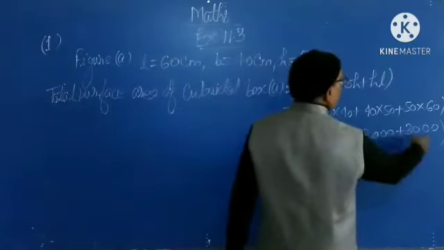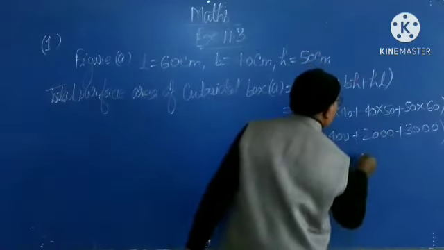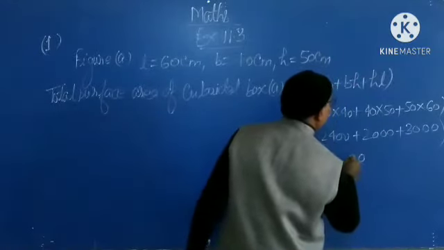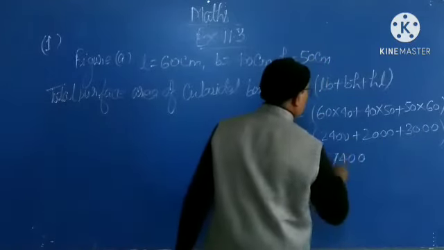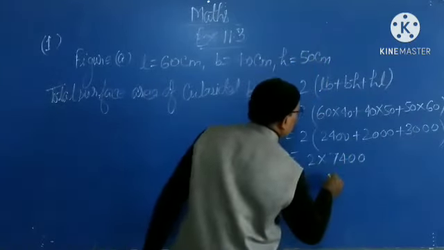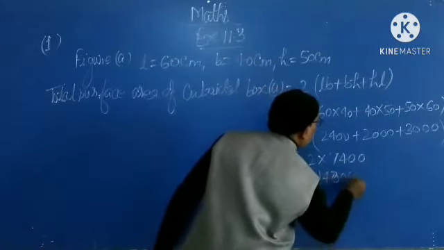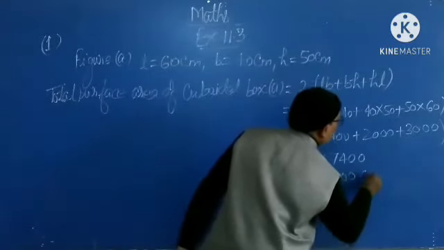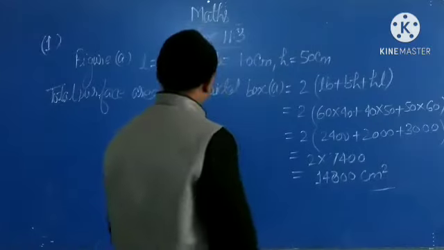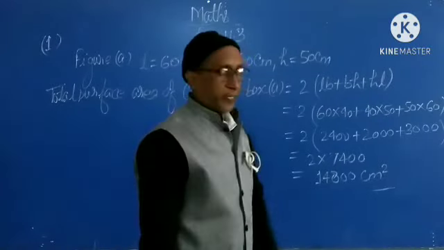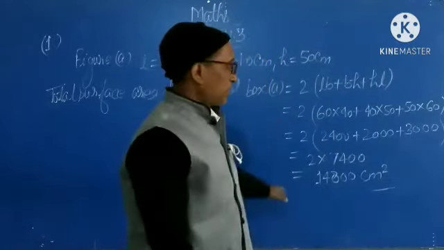You add this and multiply it, you get 14,800 centimeter square. This is the total surface area of cuboidal box A, which is required to make the box.